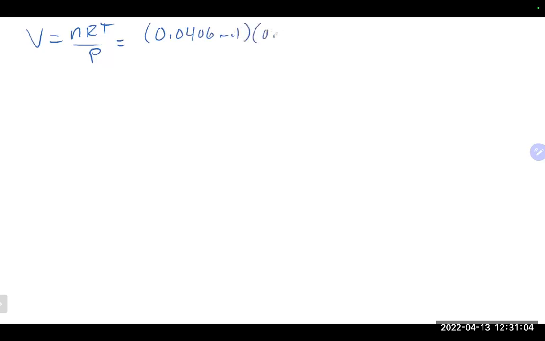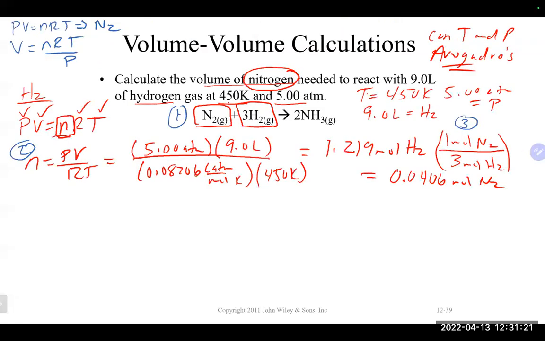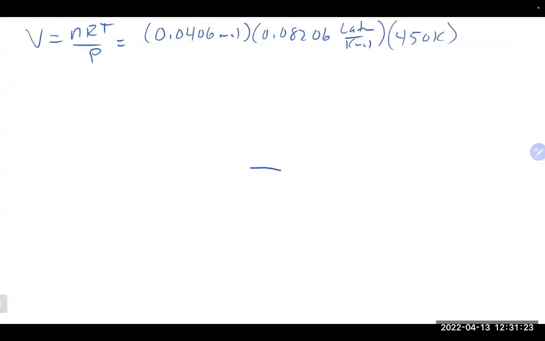Our R is obviously the same R. Our temperature is the same, 450, I think. Yeah. And our pressure is 5 atmospheres.